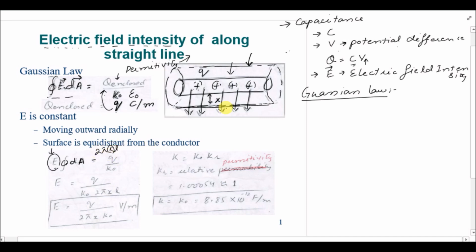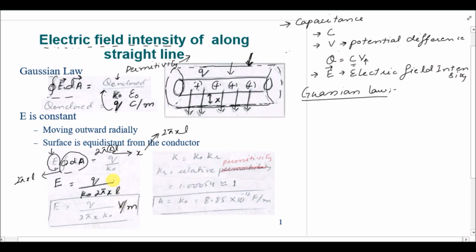In this case, the Gaussian surface cylinder is at a distance x, so we replace this R with x. So this value is 2 pi xL. So the electric field intensity is equal to Q over K naught 2 pi xL volt per meter.